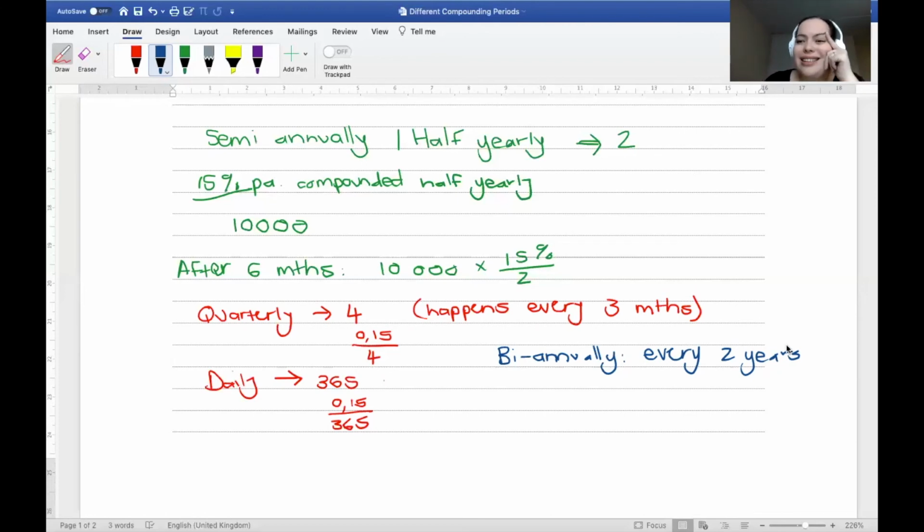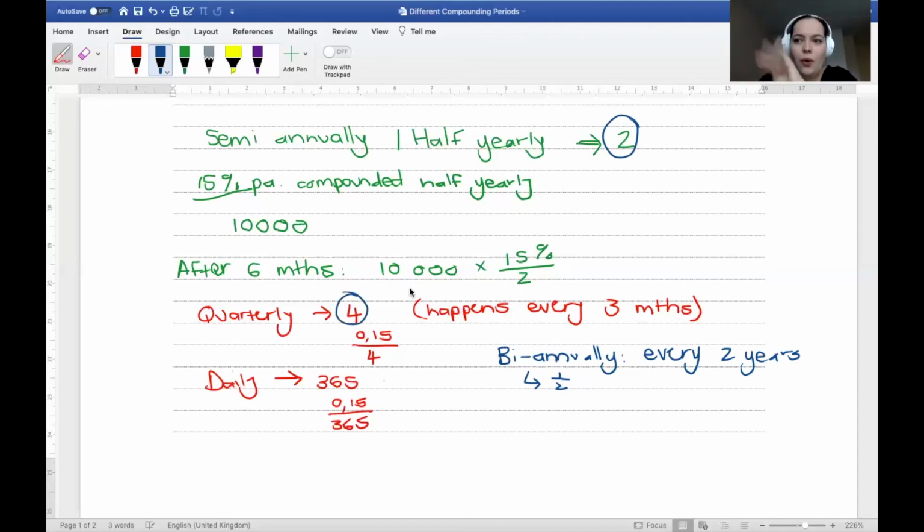So if I think about it, it happens half a time in 1 year. This is why it's a trickier one, and it doesn't come up very often. Here, your compounding period is half because it happens half a time per year. Remember your compounding numbers here. Half yearly meant it happened twice a year.